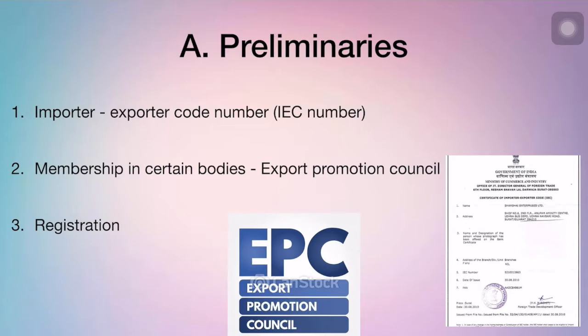The first one is called preliminaries. Under this we have 3 sub-points. The first one is the importer exporter code number. Every individual or business that wants to experience international trade must first get its IEC number. As you can see in the picture towards the right side of the slide, that is the certificate of importer exporter code. That is a number upon which your transactions will be tracked by the government or by the country you are trading with.